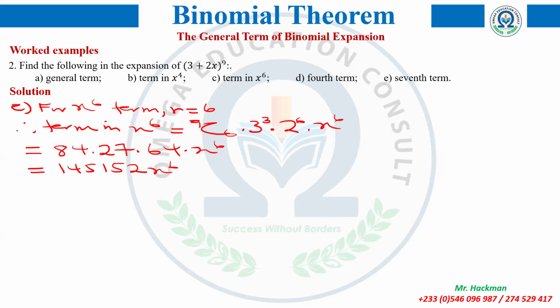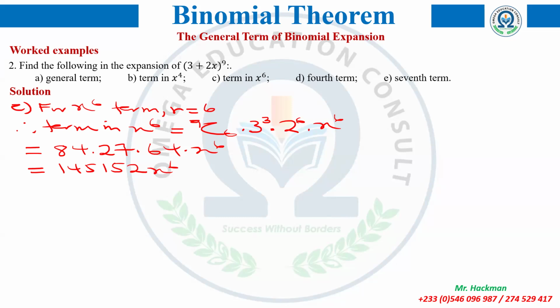So now we know, if the power of the variable we are looking for is given in the question, go and equate the given power to the power of the variable in the general term, and solve for r.